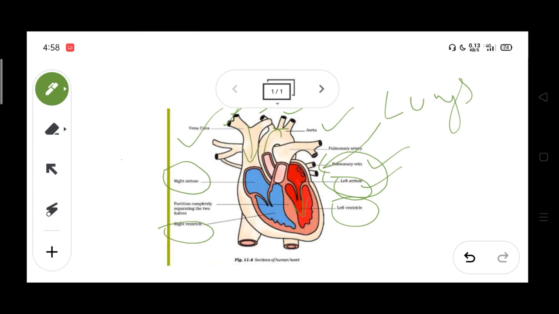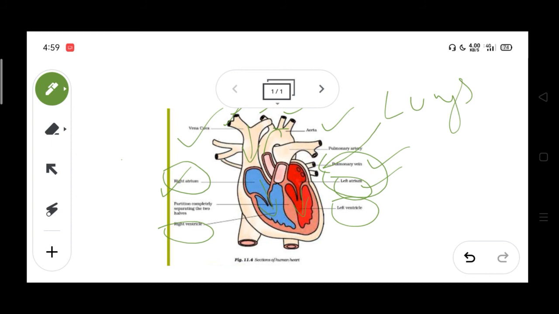The direction is from the body parts to the heart. It is pumping blood to the right atrium of our heart. You can see the color of the blood. It is blue in color, so carbon dioxide rich blood is pumped. Next, from the right atrium to the right ventricle.